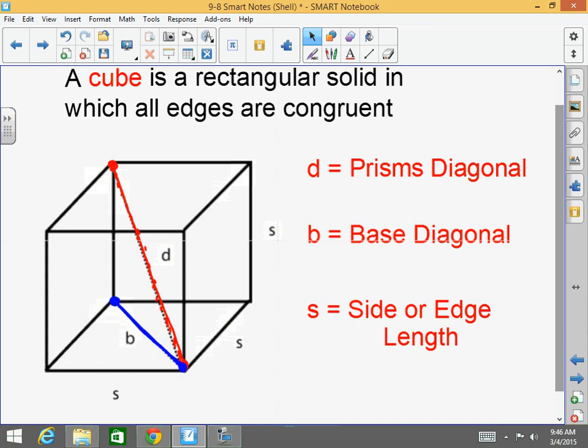Now we're going to learn about pyramids, and then we're going to learn about how to commingle the Pythagorean Theorem with pyramids and prisms. Are there any questions, and I mean it, anything, guys, on prisms before we move on? I know this can be complicated. I want to do a good job here. Don't be embarrassed, for real, please.